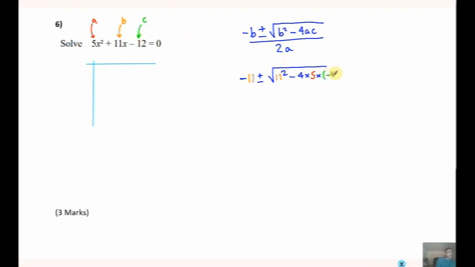Remember, you don't actually need to put in brackets in this case, but I always like to be very thorough and always put negatives in brackets when I'm using a calculator. And then I need to divide that by 2 times a, which is 5.